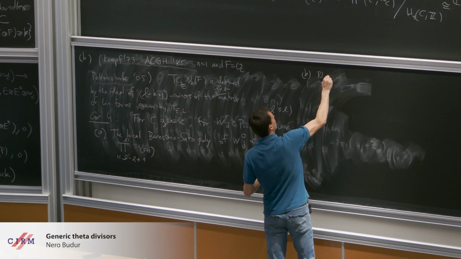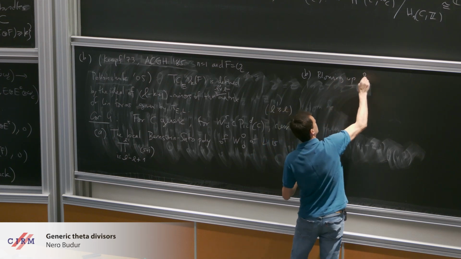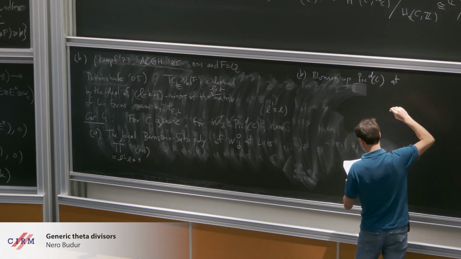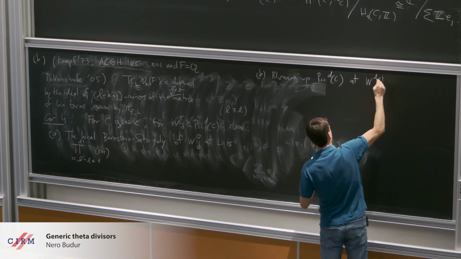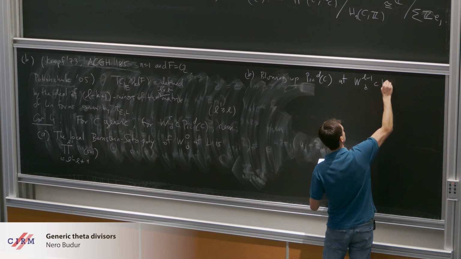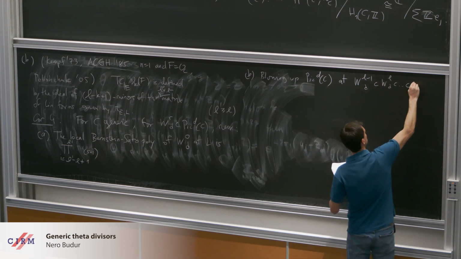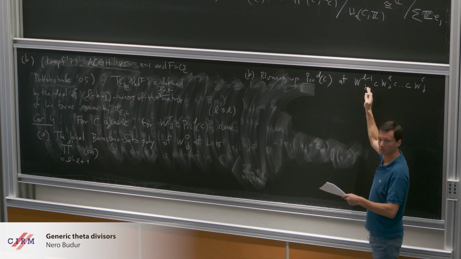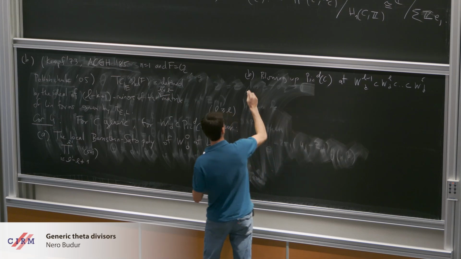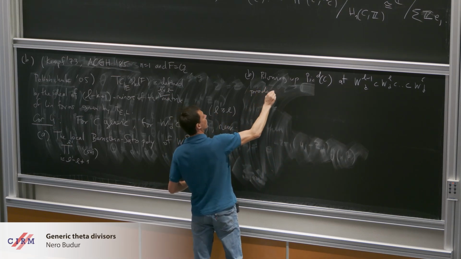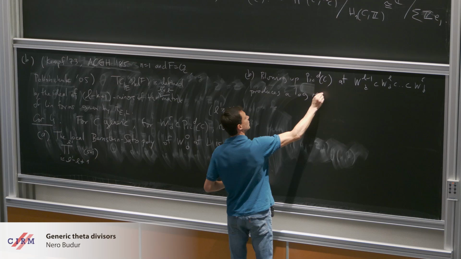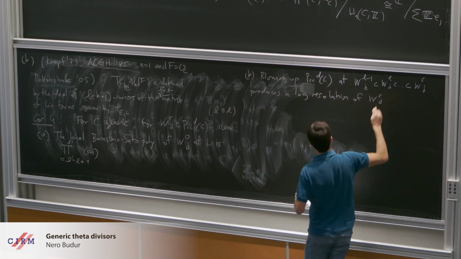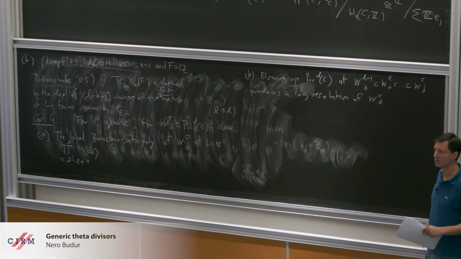Secondly, blowing up Pic^d at the following Brill-Noether loci in that order. So you first blow up this, and then the strict transform of the next, and so on, produces a log resolution of W^r_d, in particular for theta divisors of generic curves.